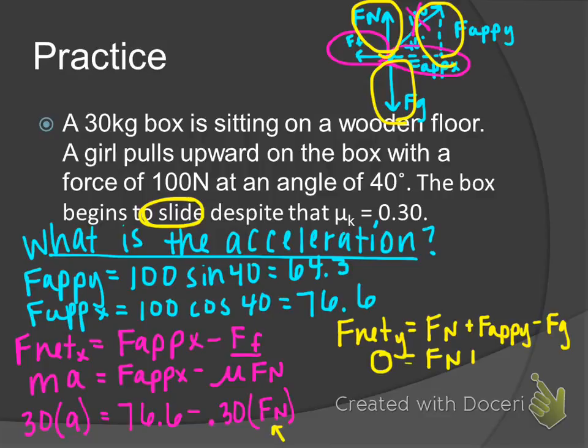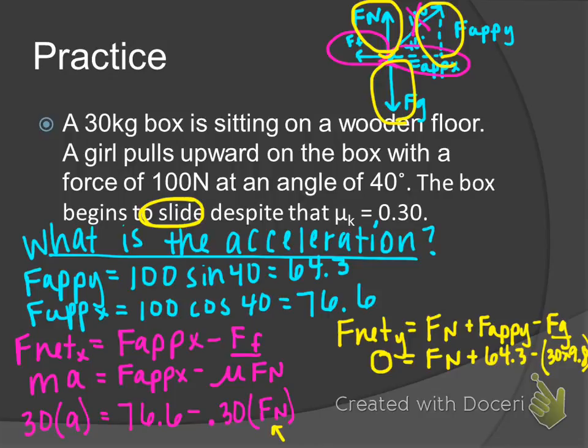So normal force plus F applied Y, which we know is 64.3. And what do we know Fg is always equal to? Mass times gravity, so 30 times 9.8, which is 294.